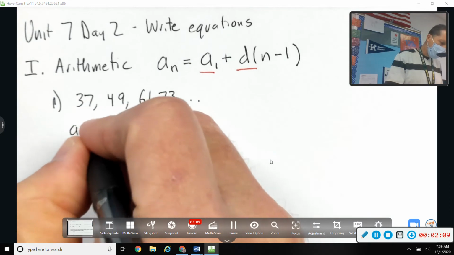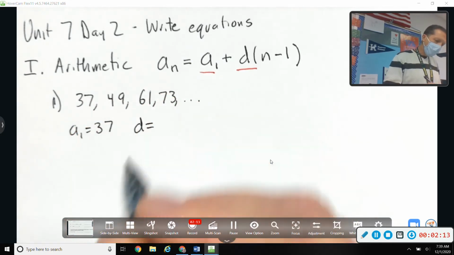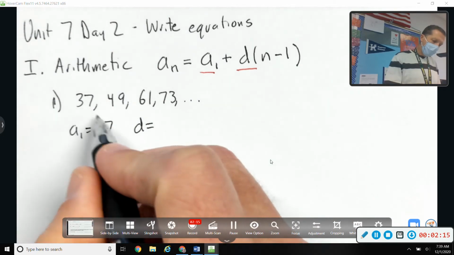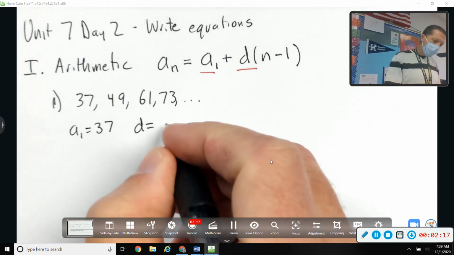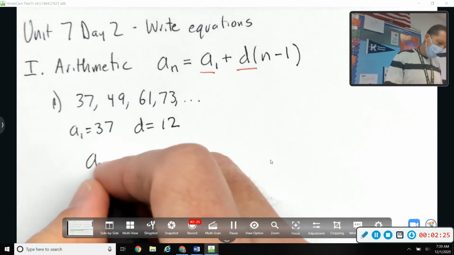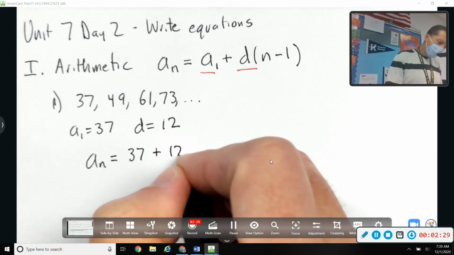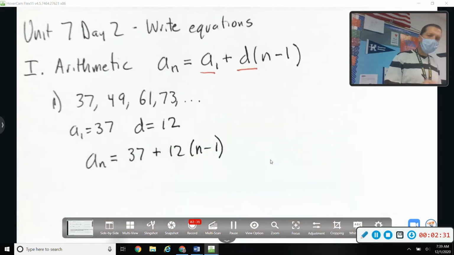A1 is the first term, that's 37. Common difference is 12. So now we're ready to write the formula because we have the first term and we have the common difference. So 37 plus 12 times n minus 1.